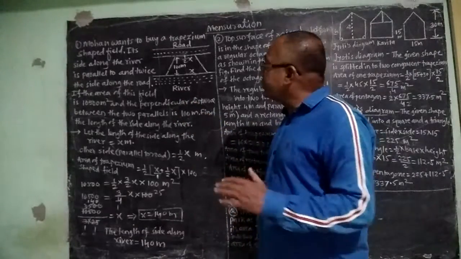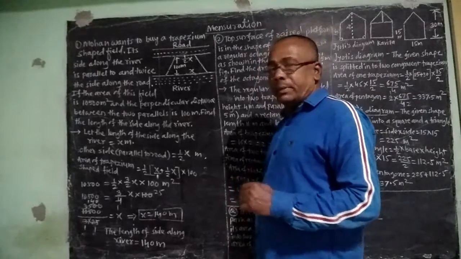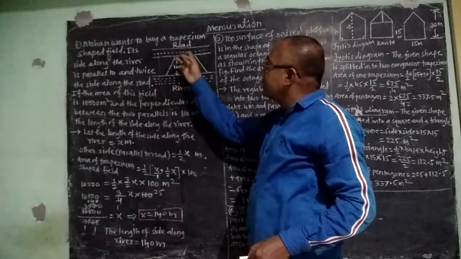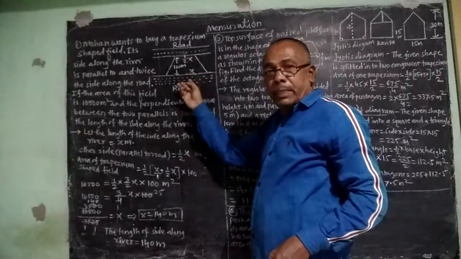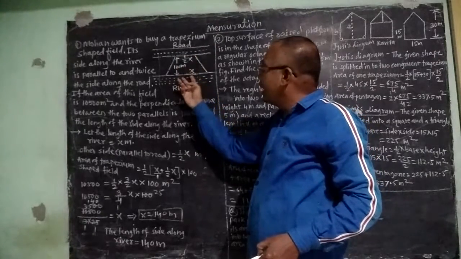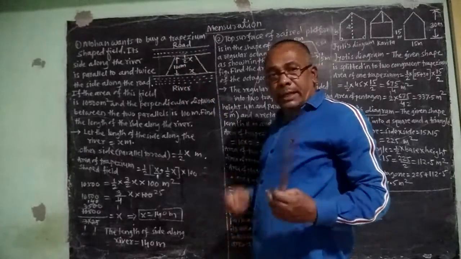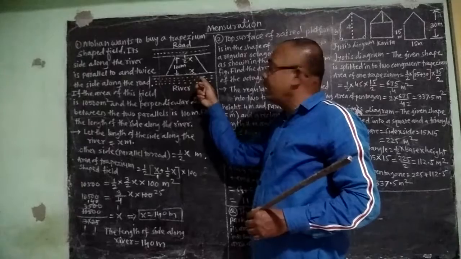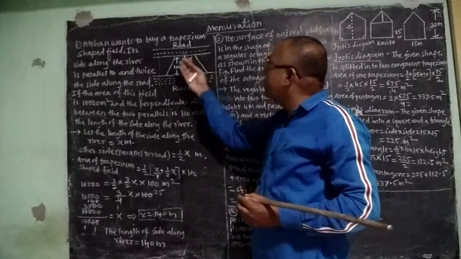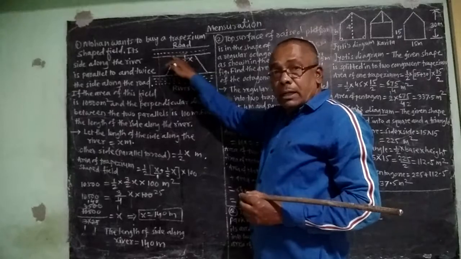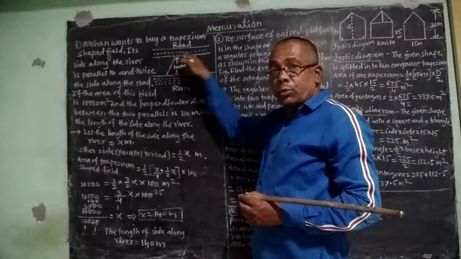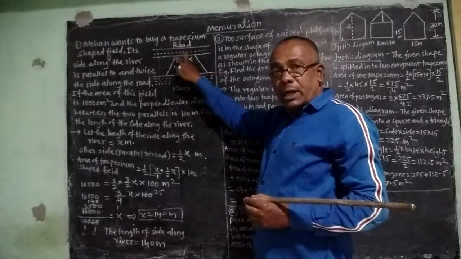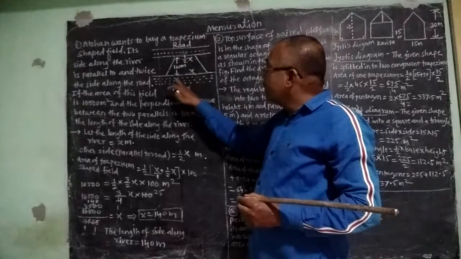Mohan's field, which is trapezium shaped, has its parallel sides along the road as well as along the river, and it is given that the length of the field along the river is twice the parallel side of the field along the road side. Means the road side is half of the river side.